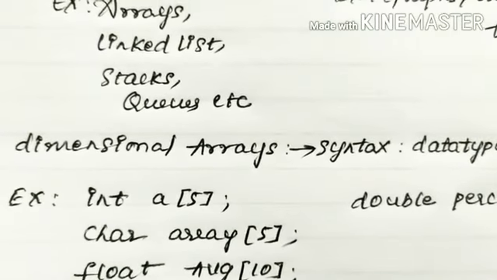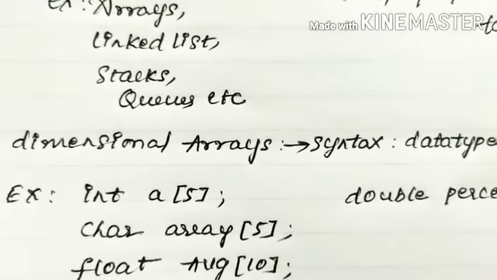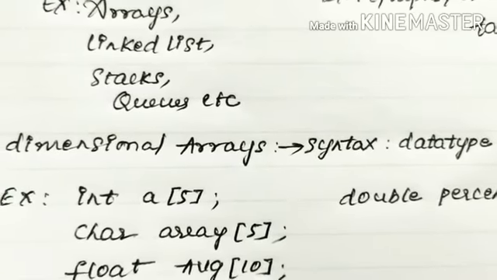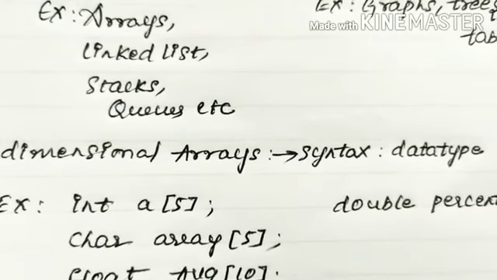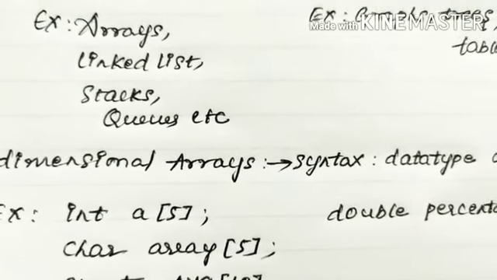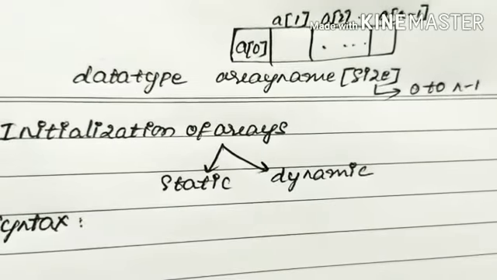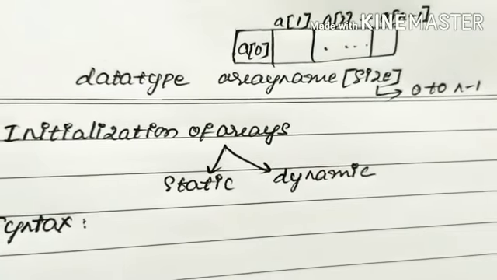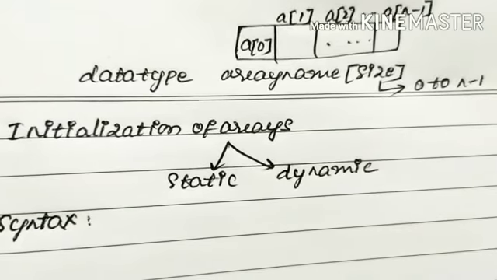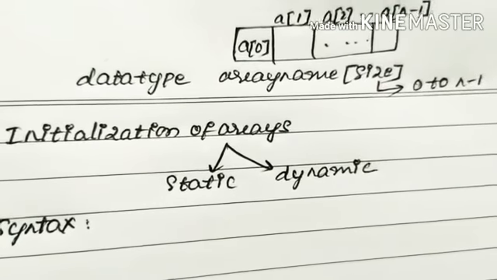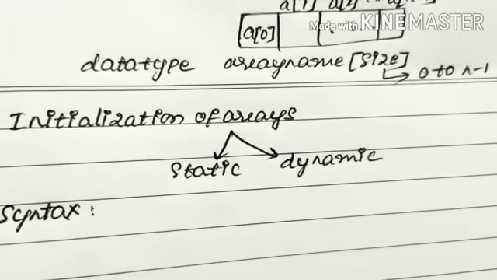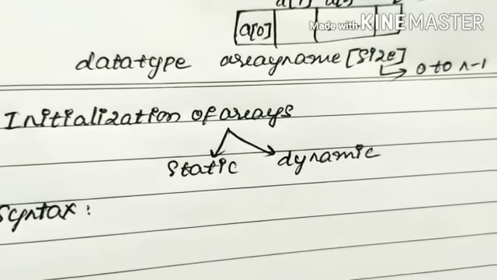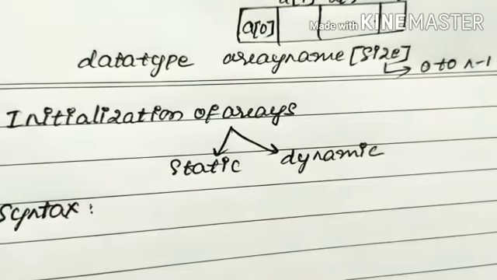An example of a one-dimensional array is the one listed above: int a[5]. Int is the data type, a is the variable, and 5 is the size. We have to look at the syntax of an array many times because this is a major concept where we make mistakes. The syntax is data type, space, array name, brackets, size.